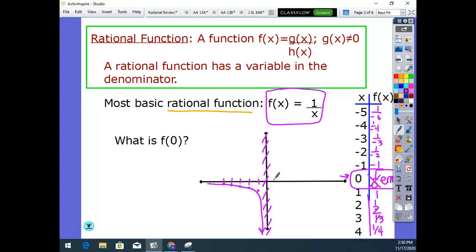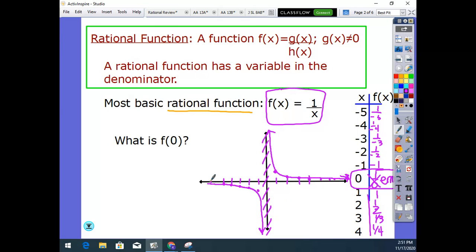Now, if I go to the positive side, 1, 2, 3, 4. 1 is 1. 2 is 1/2. 3 is 1/3. See how the larger and larger x gets, the y value gets smaller and smaller and smaller? It gets closer to the x-axis.